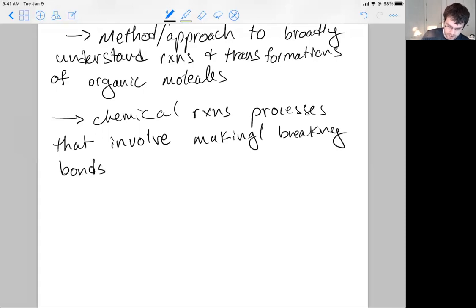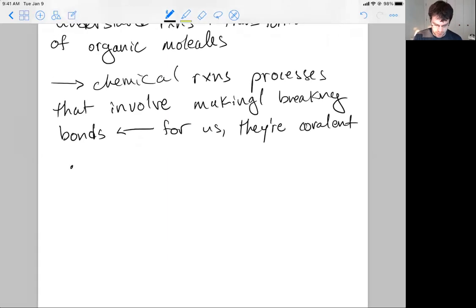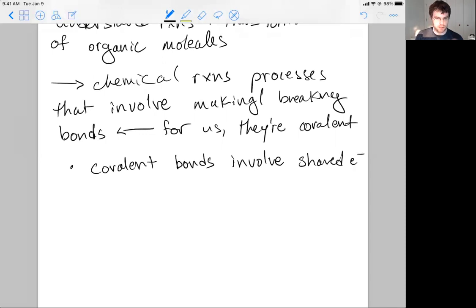And these bonds that I'm speaking about, for us, they are covalent. Covalent bonds involve the sharing of electrons. So we have shared electrons, and rearranging the electrons will determine how reactions actually occur.